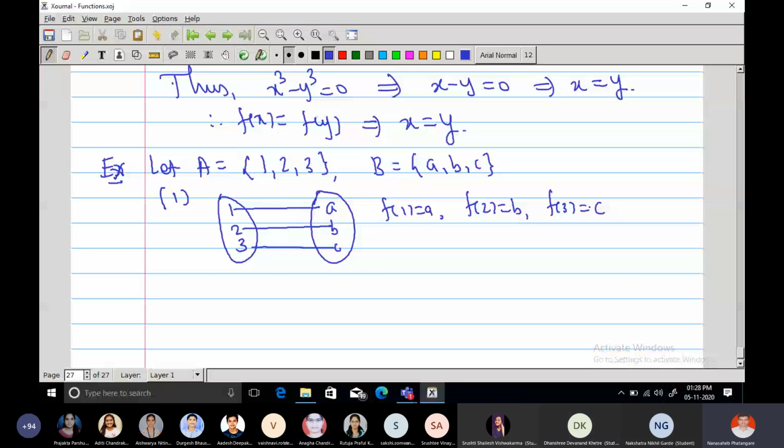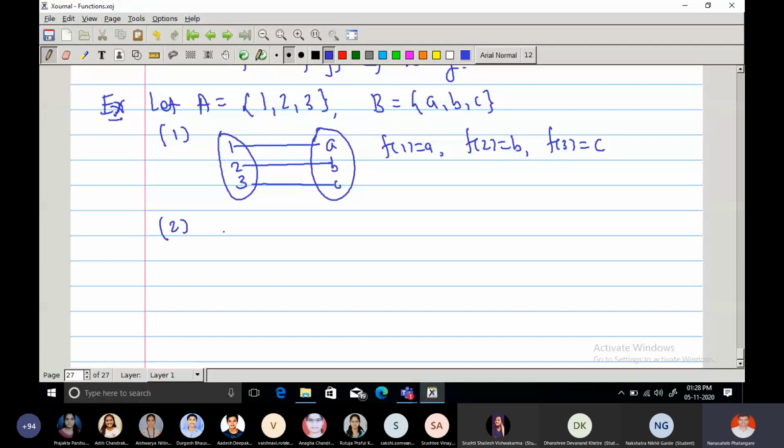So now can you define any other one function from the same set A to B?